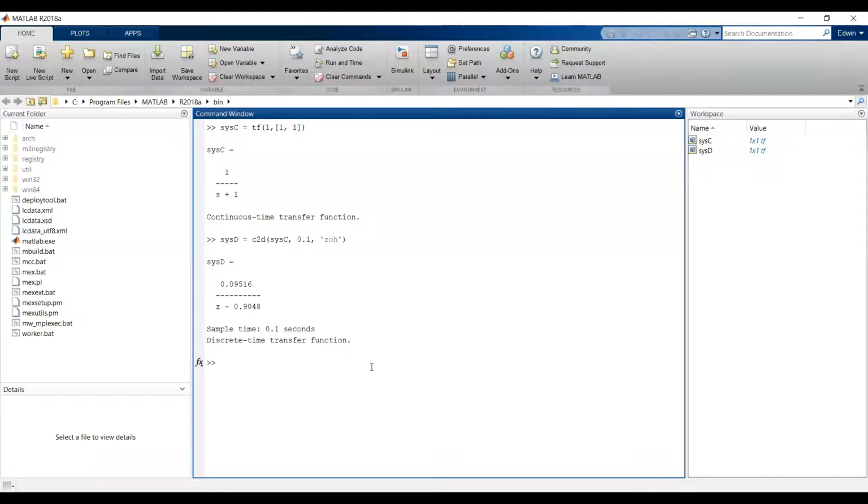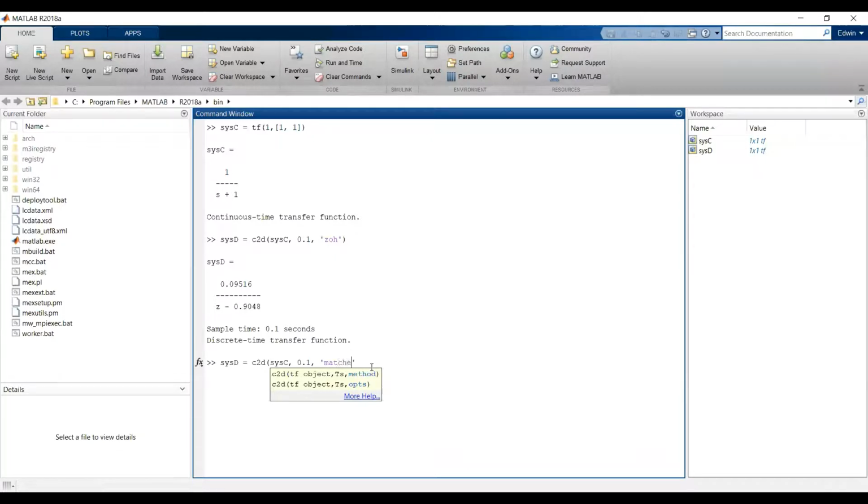So if I want to use the pole zero matching method, I can use the same function C2D. So sysD is equals to C2D, transfer function is sysC, sampling time is 0.1, and my method would now be matched.